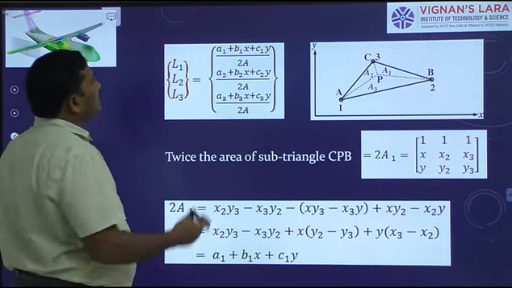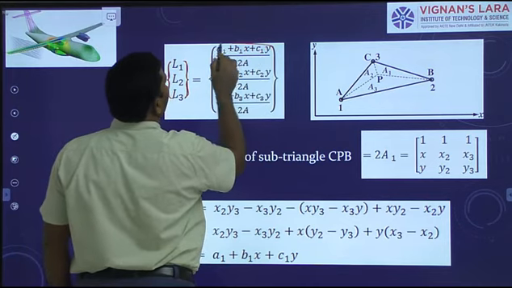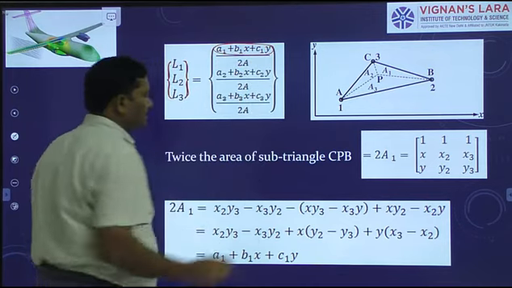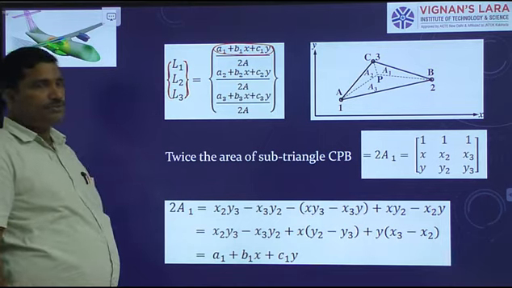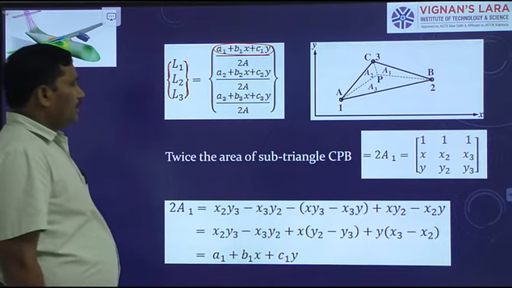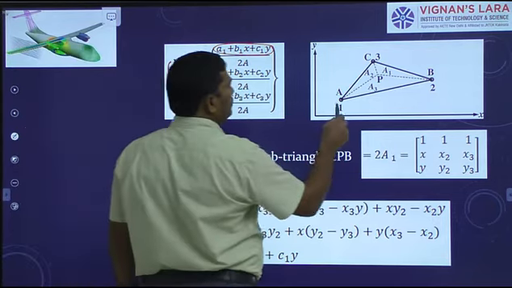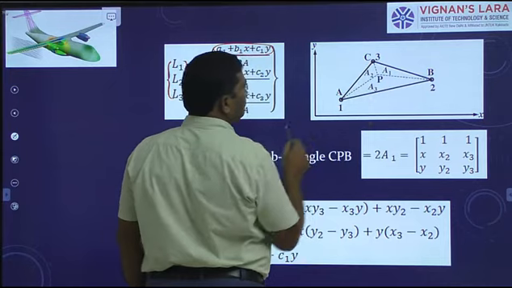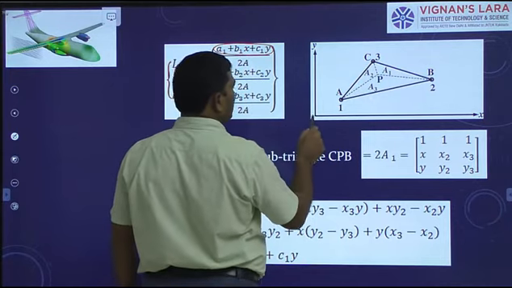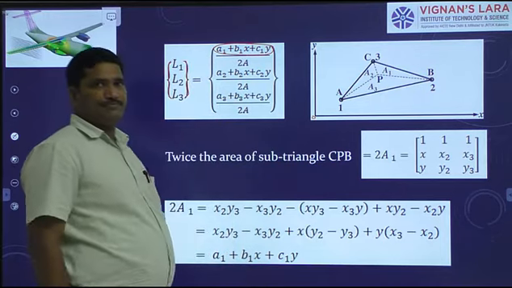Now we shall see what this A1 plus B1x plus C1y gives us. Observe carefully. Here we have a three-noded triangle. OXY is the reference frame. P is the point of interest.